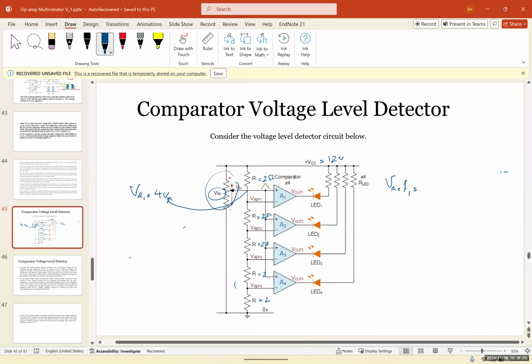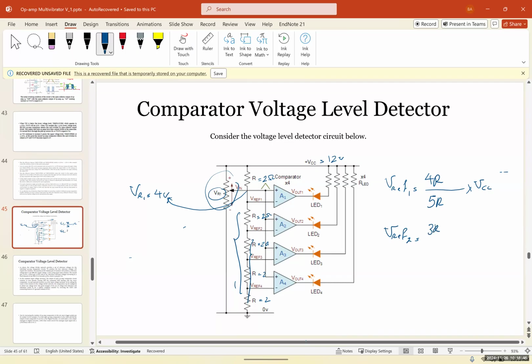What is V reference 1 equal to? It's going to be 1, 2, 3, 4, so 4 R's, or R plus R plus R plus R, over 5R times VCC. What is V reference number 2? It's 1, 2, 3. We are left with 3.